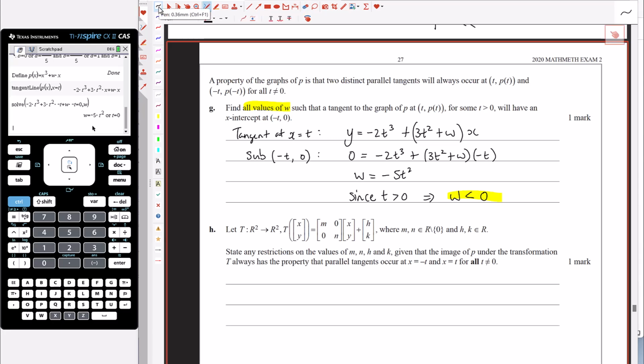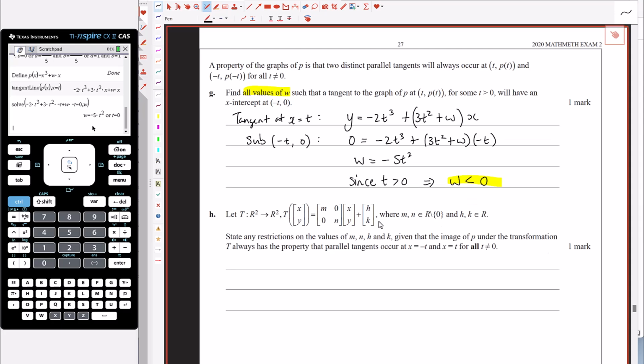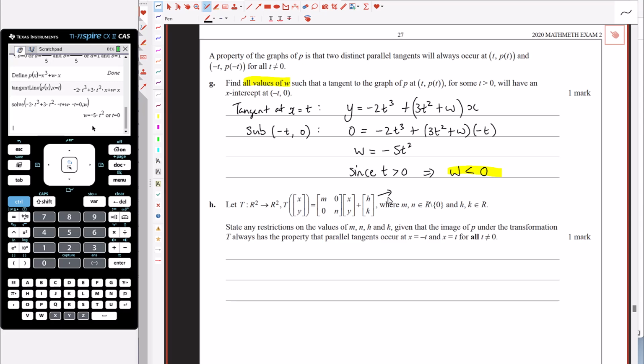Okay, so part H is a matrix transformations question, but it's really about the transformations, so we could, for the modern day, rephrase this information to say the transformed point x, y is mx plus h and ny plus k. So it's just about thinking about m, h, n, and k.